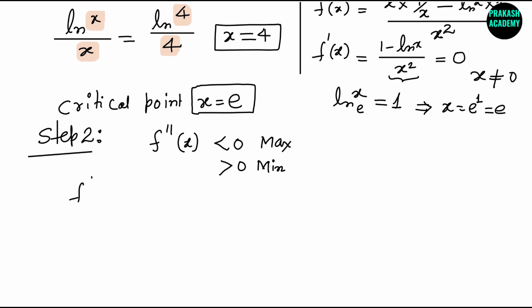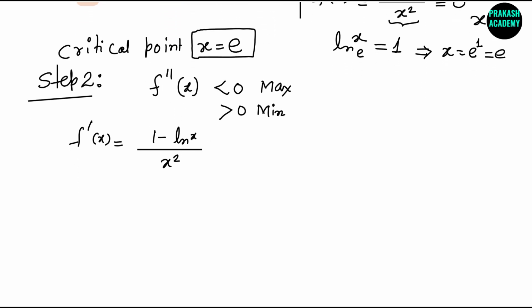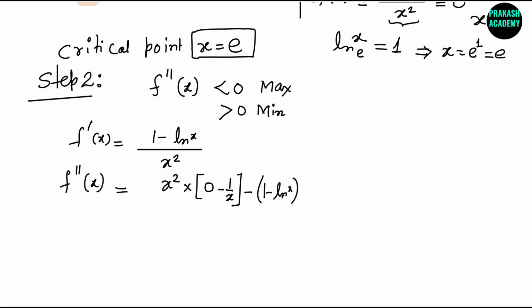So let us find f double dash x. We already know f dash x, which is equal to 1 minus ln x divided by x square. Now I have to differentiate once again. So as I know, I will use the result, that is leave the denominator and differentiate the numerator. So differentiation of 1 is 0, minus differentiation of ln x is 1 by x, minus, leave the numerator 1 minus ln x and differentiate the denominator.